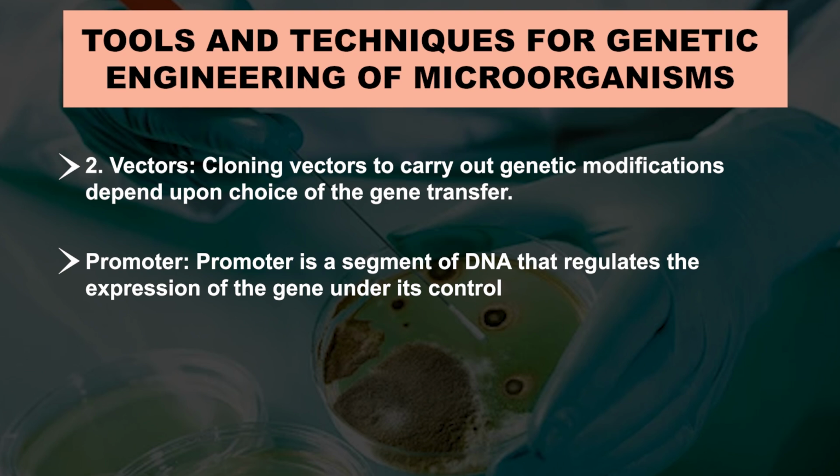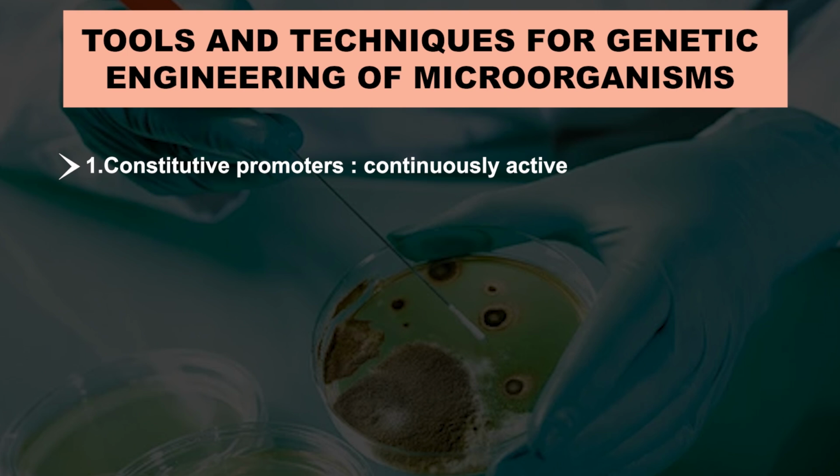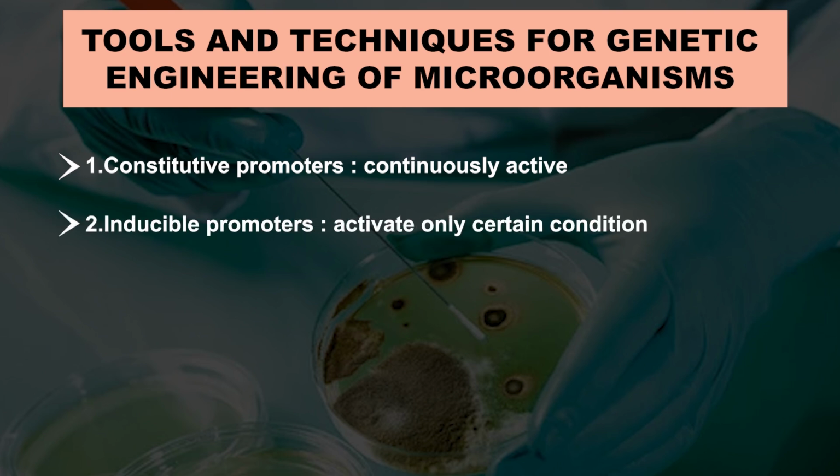Promoters are of various types which we use in genetic modification. First one is the constitutive promoter, which is continuously active, and the inducible promoter, activated only under certain conditions, in the presence of an inducer. Selectable marker genes often encode proteins conferring resistance to antibiotics for identifying the transformants.